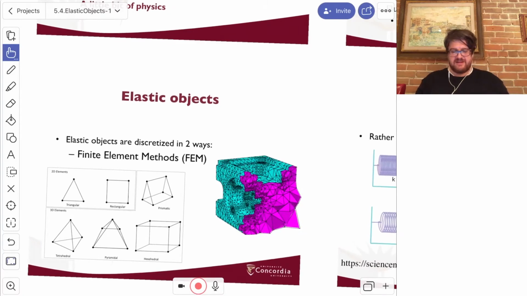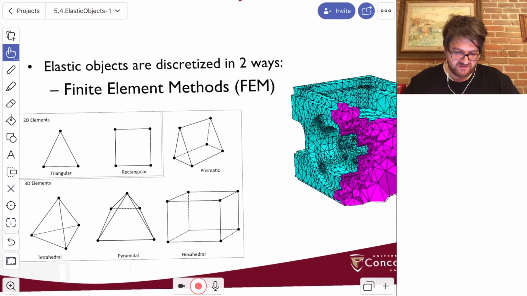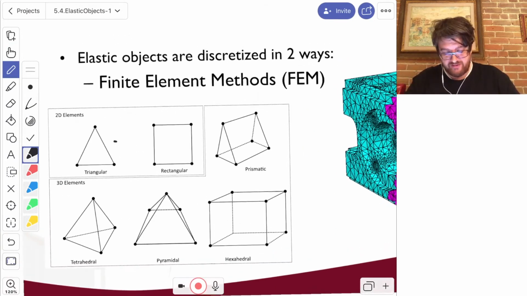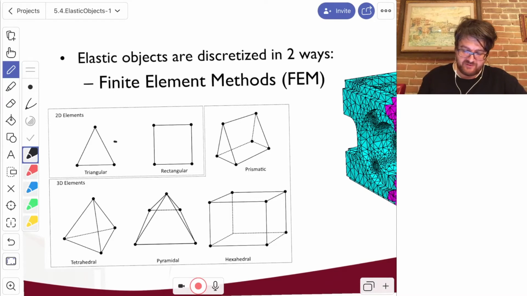So the finite element method, instead of building, so spring systems build an object using springs. Finite element methods build objects using either 2D elements, such as triangles, shown here, or rectangles, or in 3D, you have 3D elements, most typically tetrahedral and hexahedral, and sometimes you have prismatic and pyramidal.